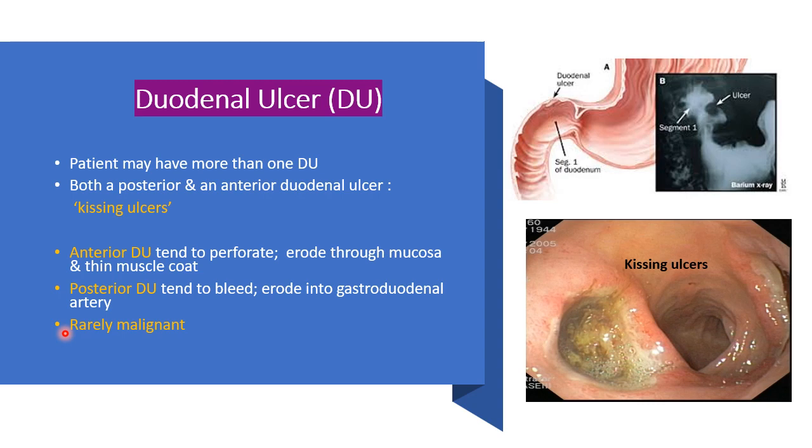In fact, duodenal ulcers in principle are always considered to be benign. The picture here shows you an anterior duodenal ulcer with a crater on barium meal, and this is a kissing ulcer.